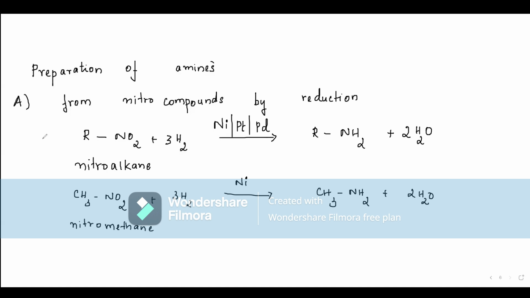Whatever is in the place of R, here R is CH3. So repeat the general equation, replace R by the required alkyl group. Here it is the methyl group, right? So your product here is methanamine.